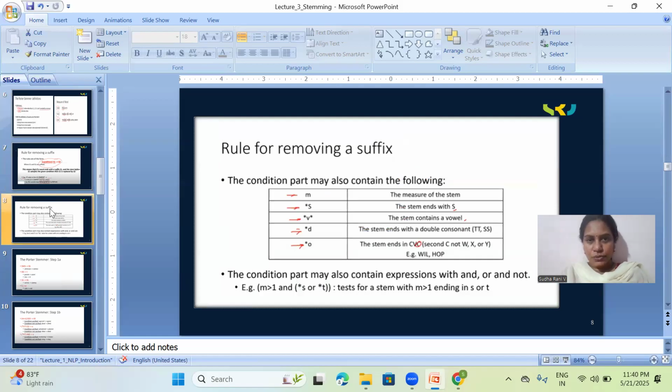Again, the rule for removing a suffix. The condition part may also contain the following.